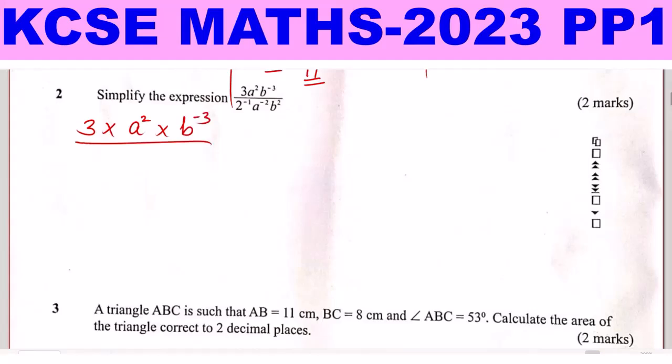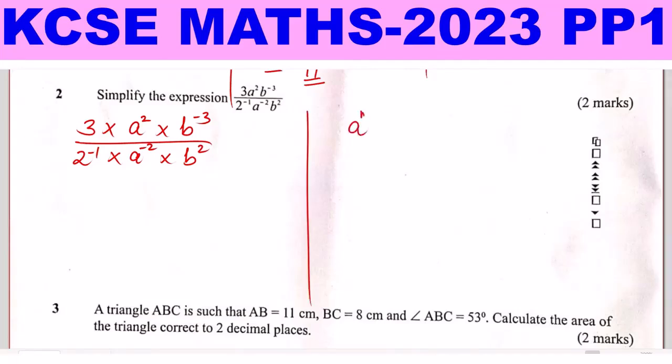Then for the denominator, the same: 2 raised to power negative 1 times a raised to power negative 2 times b squared. To work out these, we are going to use a specific law of indices when you are dividing and when you're multiplying. Recall this law.